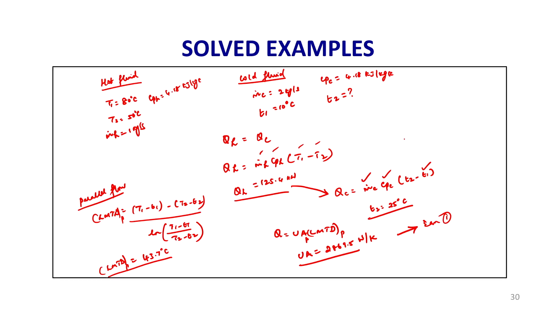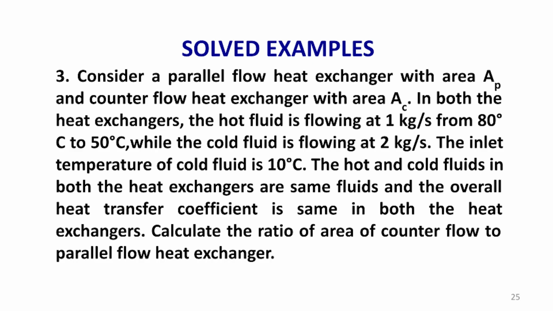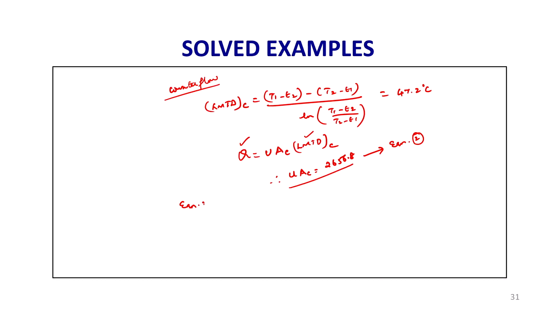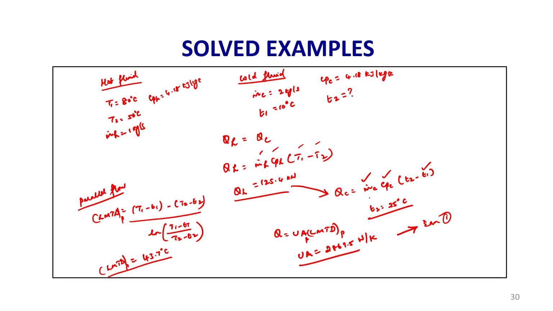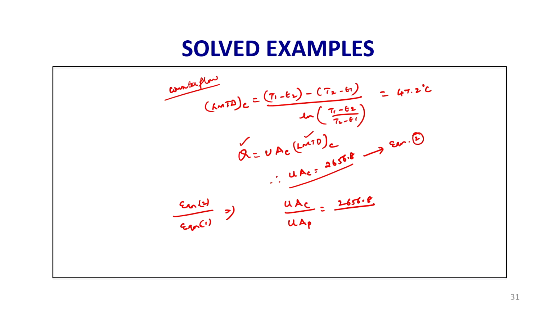Okay. We have been asked to find out the ratio of counter flow to parallel flow. That means divide the equation number 2 by 1. Equation 2 divided by equation 1. So, that means first let me write the left side, U into AC divided by U into AP is equal to 2656.8 divided by the right hand side of the first equation 2869.5.